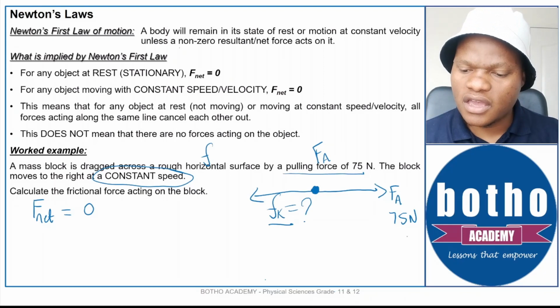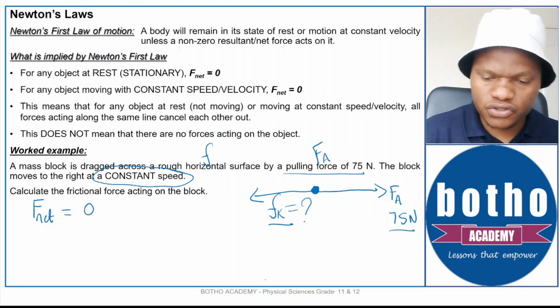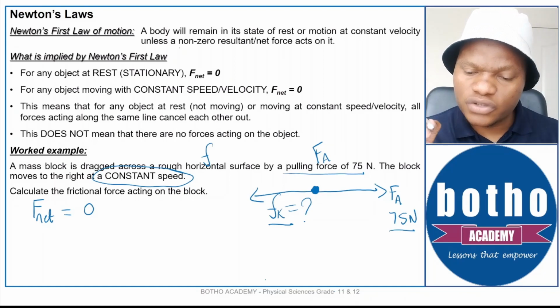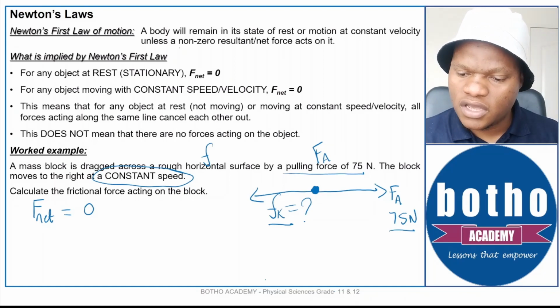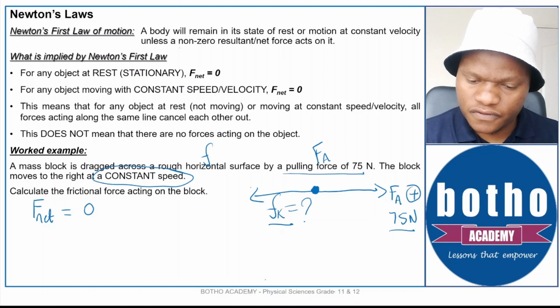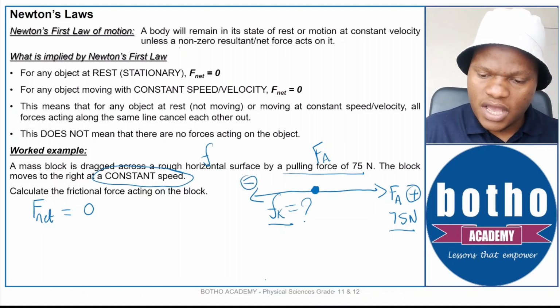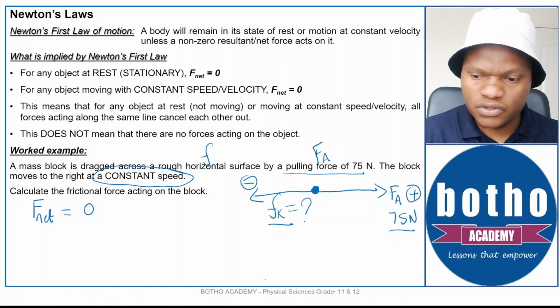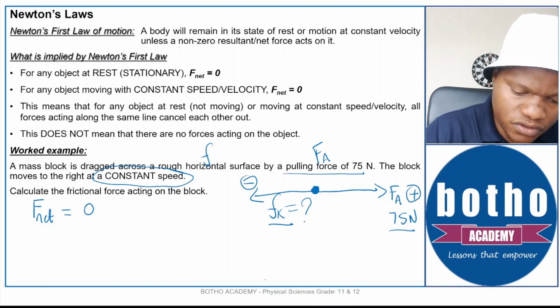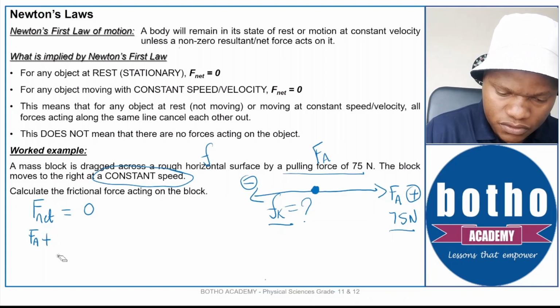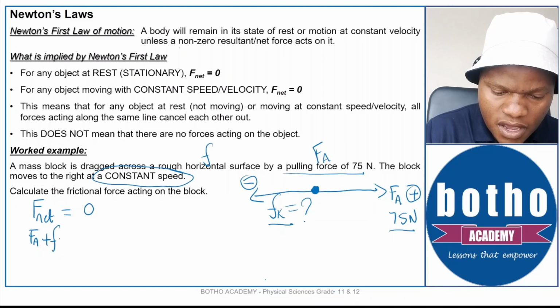It's Fk and Fa. So when we do our substitutions, we need to consider one direction as positive. If I choose to the right as positive and to the left as negative, then I substitute. I don't know what Fk is equal to, but I do know what Fa is equal to. Remember, F net is equal to Fa plus kinetic friction.